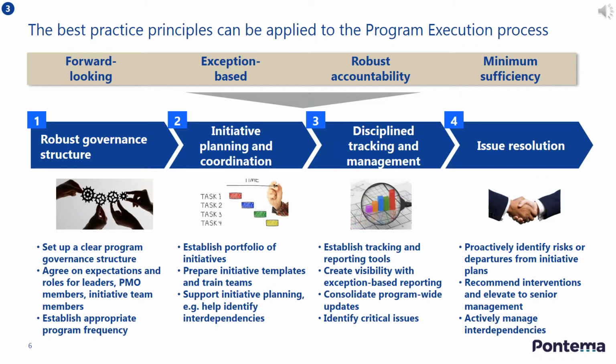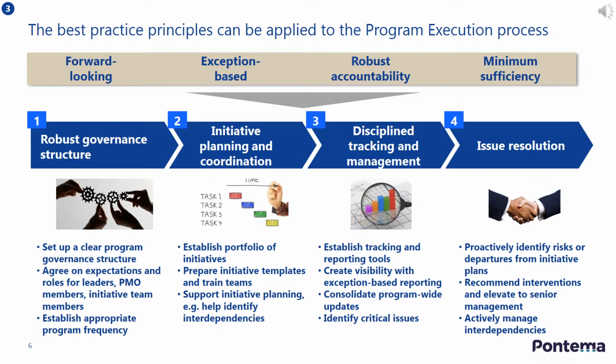Secondly, after aligning the governance structure, the PMO then helps to plan and coordinate the various initiatives that will run across the program. Thirdly, and at program launch, the PMO then begins tracking and reporting how each of the initiatives are performing.